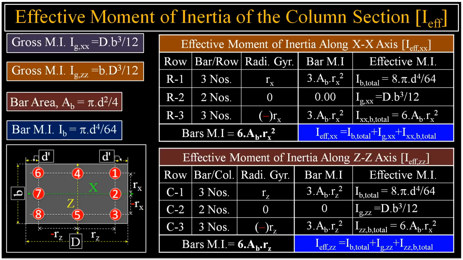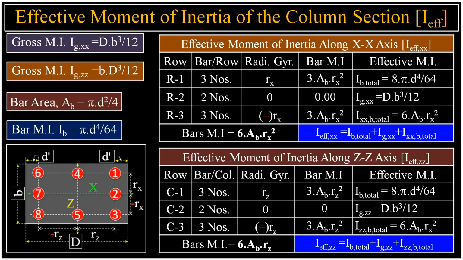Column C2: these 2 bars are on the ZZ axis, their radius of gyration is 0. This is where the gross moment of inertia of the concrete section, IGZZ equals B times D to the power 3, divided by 12, is incorporated.